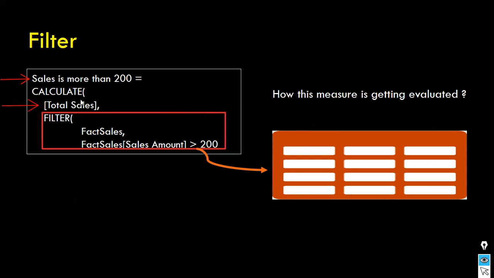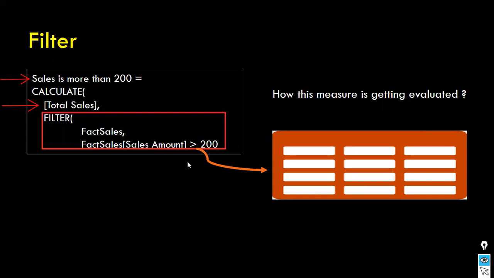Here, what I do is not do the sum of sales for the entire fact sales table. For those sales we made more than 200, only for this subset of the data you find the total sales. In this case, the table expression, or the filter, behind the scene creates a virtual table.